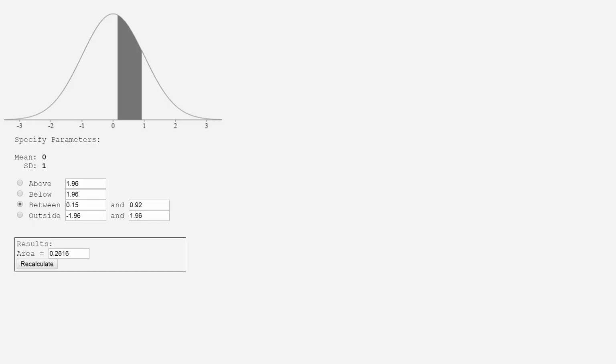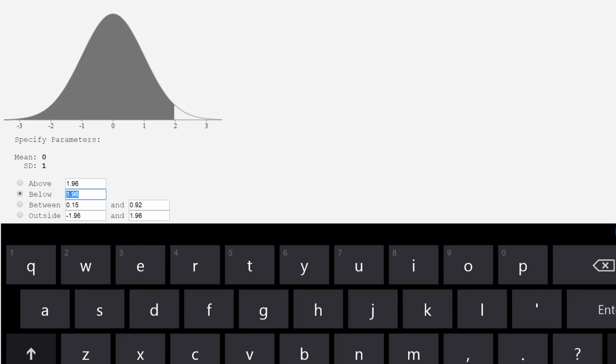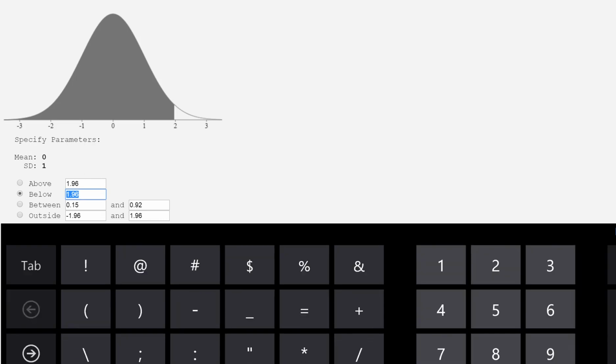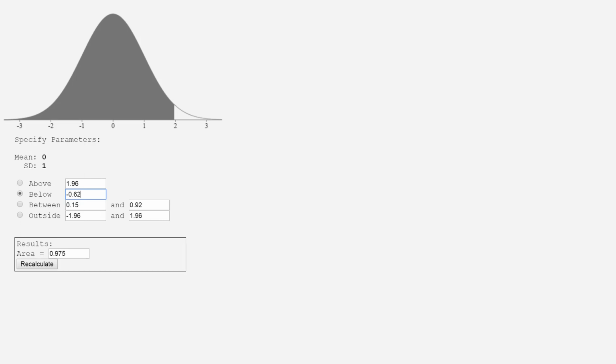Okay, so now, again, we have above or below, so I'm going to click on the below button, and change this value to negative 0.62. Okay, and then I'm going to click recalculate. I'm looking at the picture.